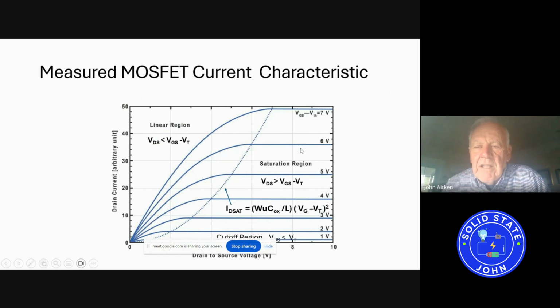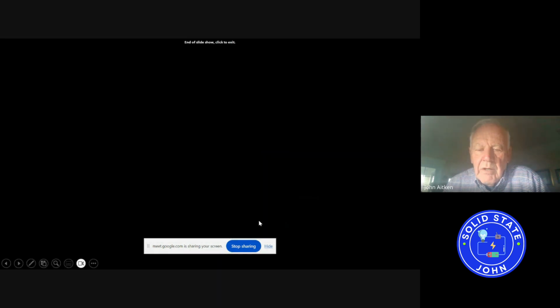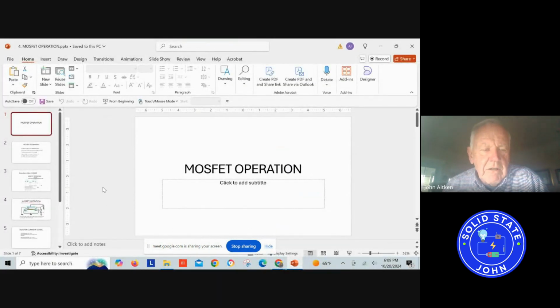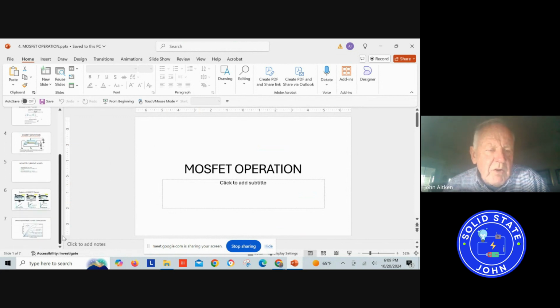And finally, at very large drain voltages, you can see that the current remains constant throughout the whole operation of the device. And again, that happens because the device is approaching something called pinch off.